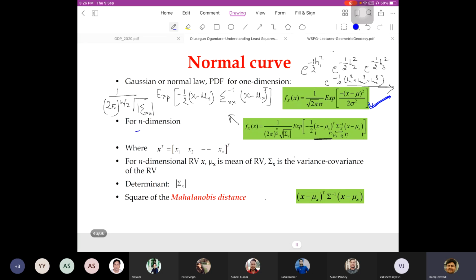But for n dimension, what we are trying to see here is very important to focus on. We are replacing sigma with this, and we are rewriting this. Isn't it? This is what we are doing.